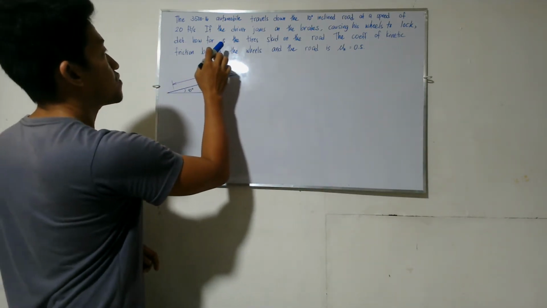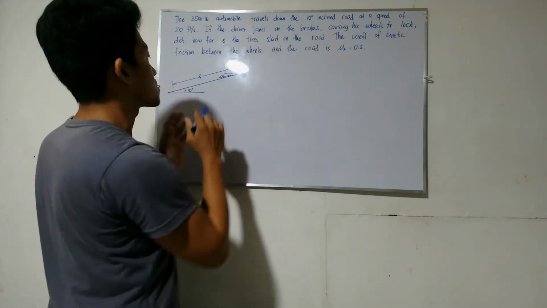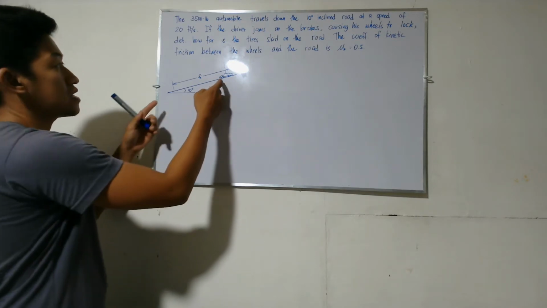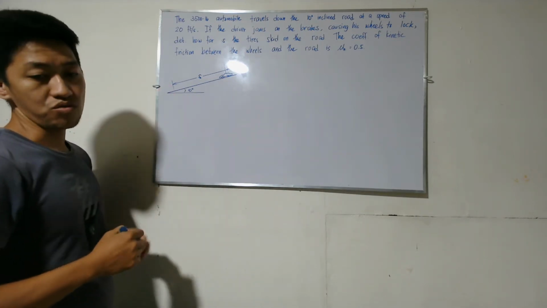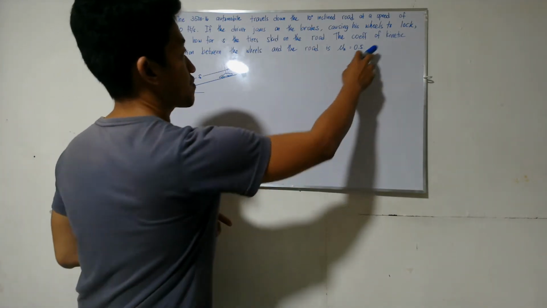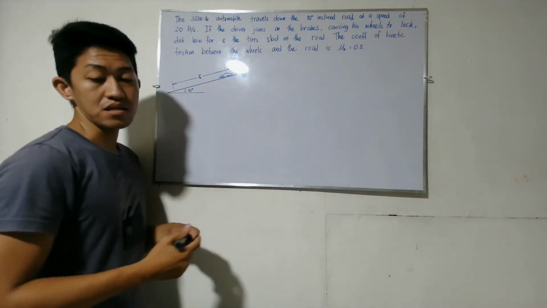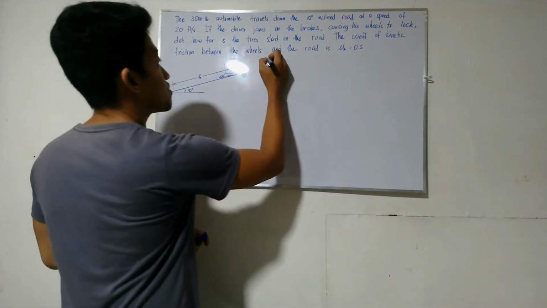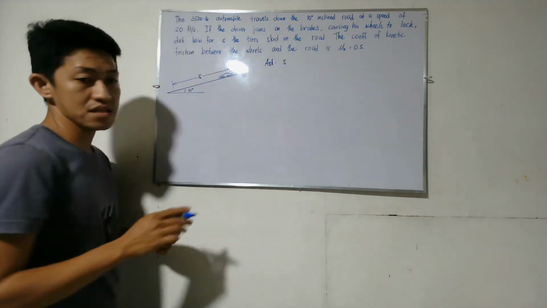So determine how far the tires skid on the road, from when he jams the brakes until he stops. Okay? The coefficient of kinetic friction between the wheels and the road is 0.5. Okay? So what is asked is S.